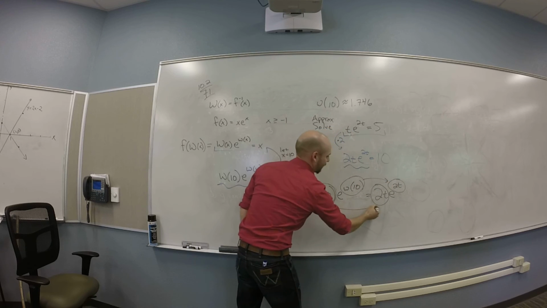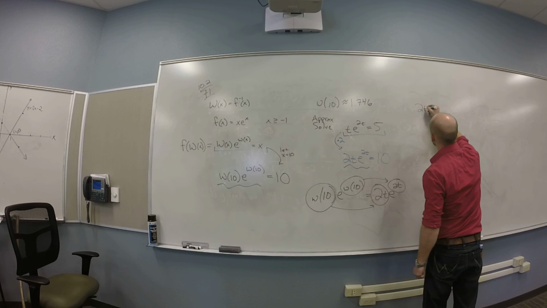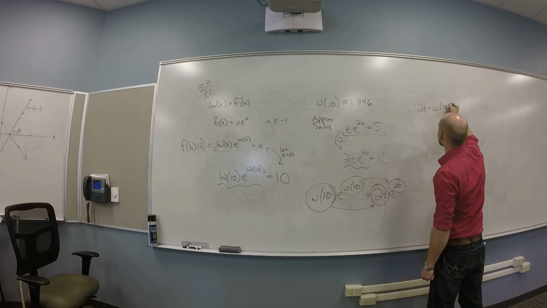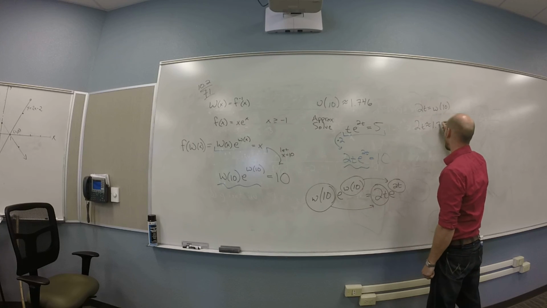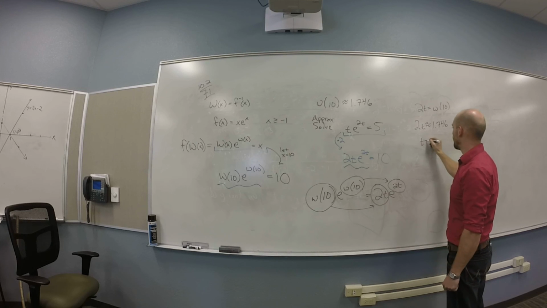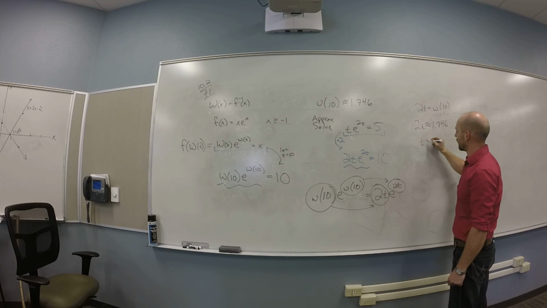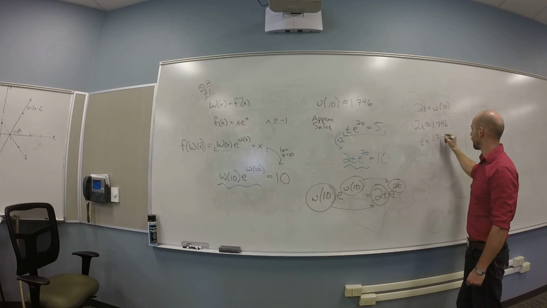So 2t is w of 10, and w of 10 is approximately 1.746, so 2t is approximately 1.746. And so t is approximately whatever you get when you divide 1.746 over 2. Boom.